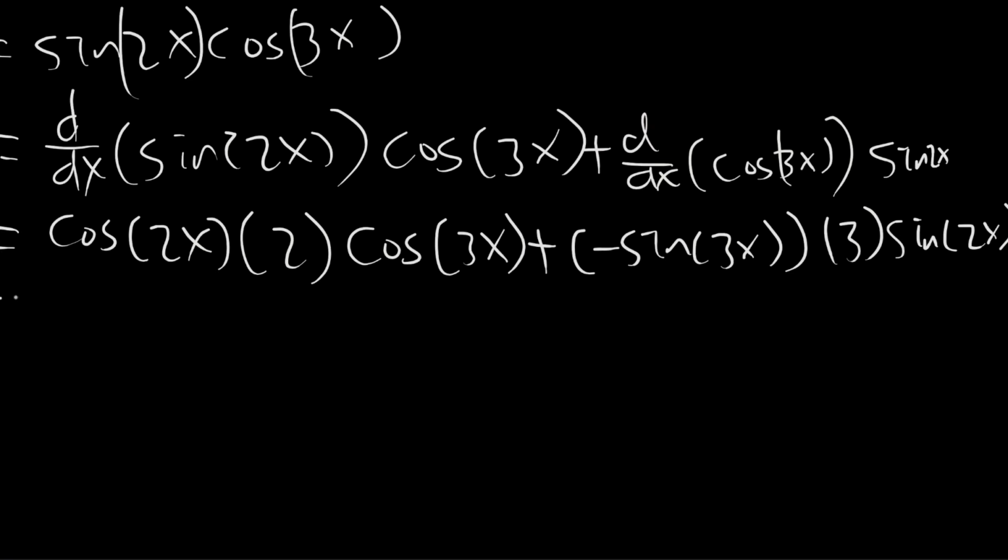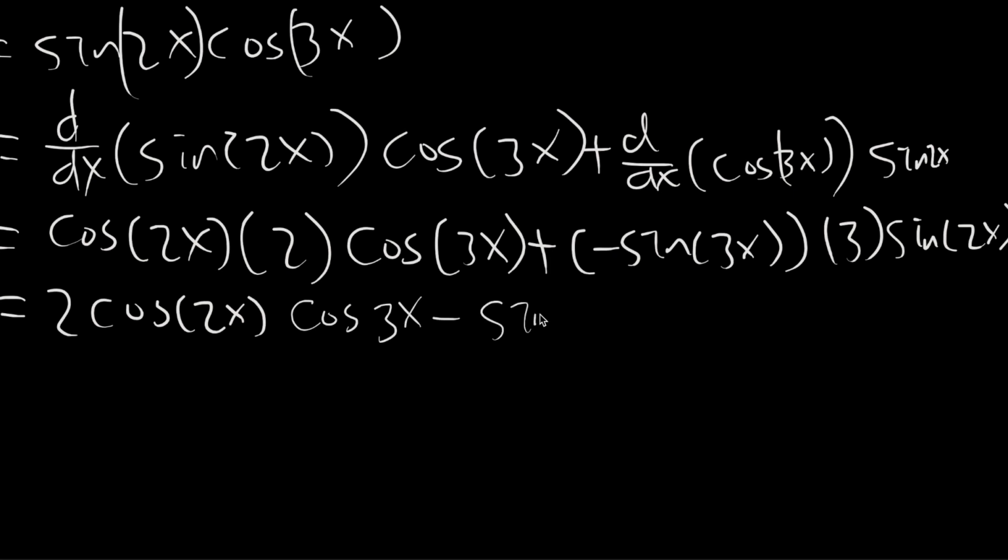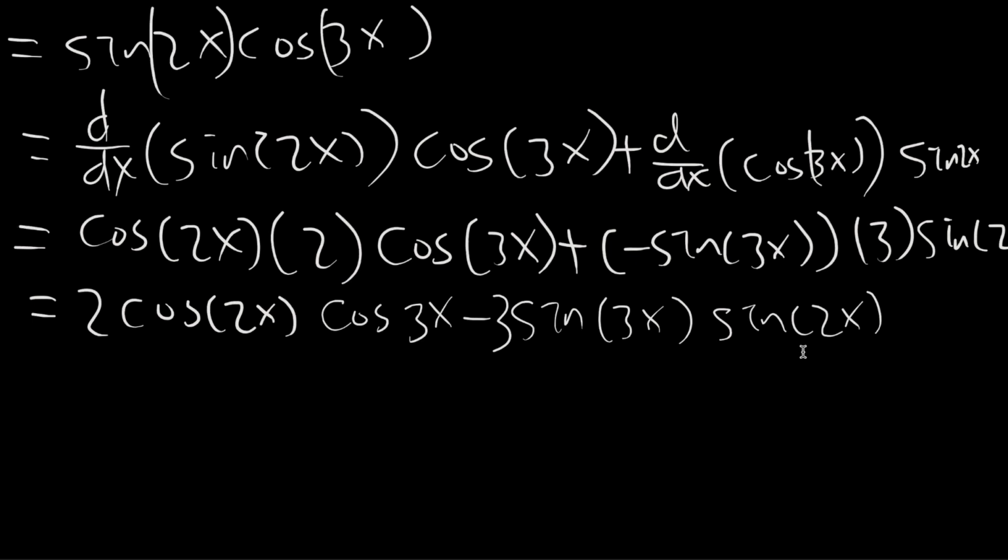So this is going to be equal to 2 cosine 2x times cosine 3x minus 3 sine 3x times sine 2x. Alright, so this is going to be the answer.